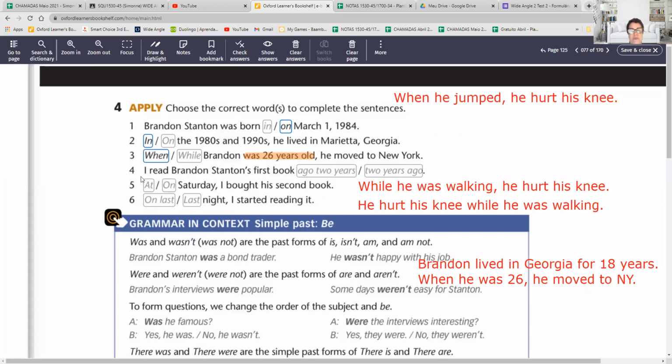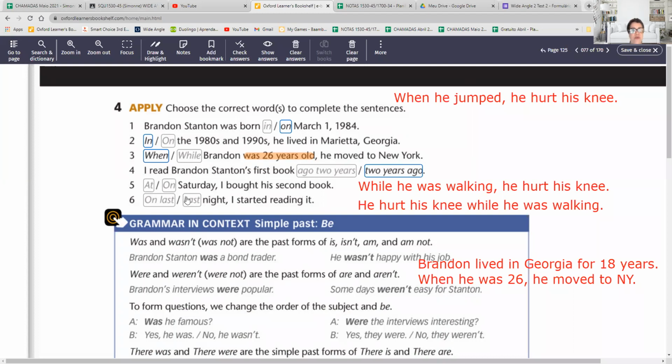Now, number 4. I read Brandon Stanton's first book. What is the best answer? 2 years ago. Yes, very good. 2 years ago. Okay, the word ago is always after the time period. Okay, number 5, Saturday.